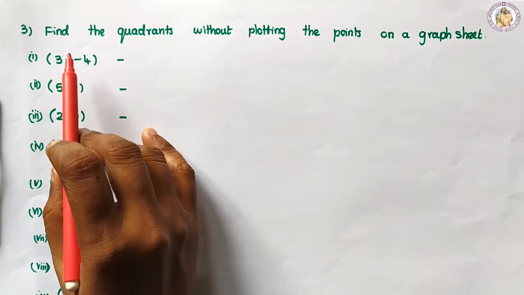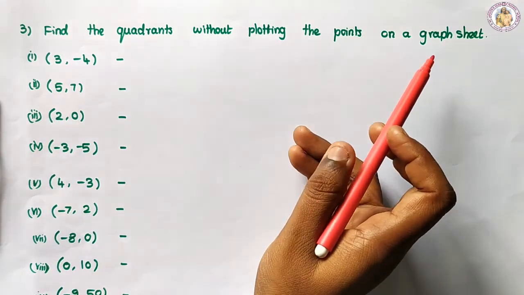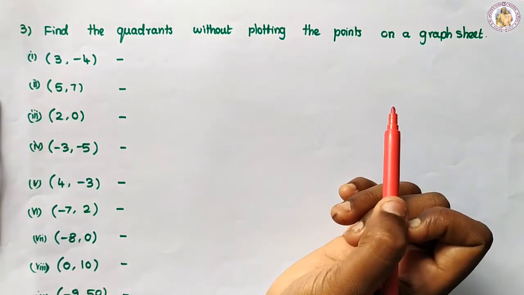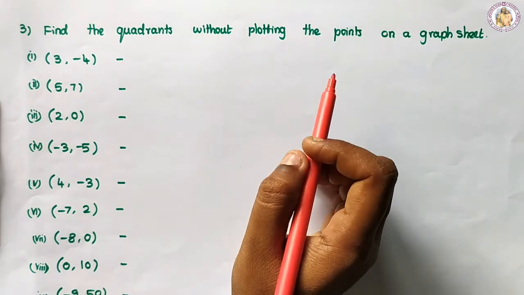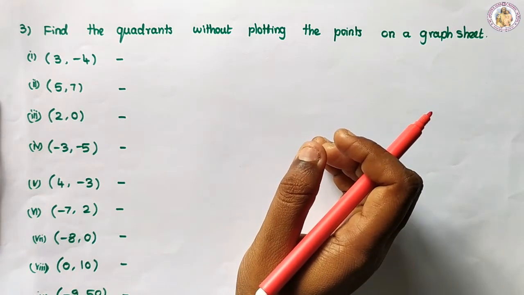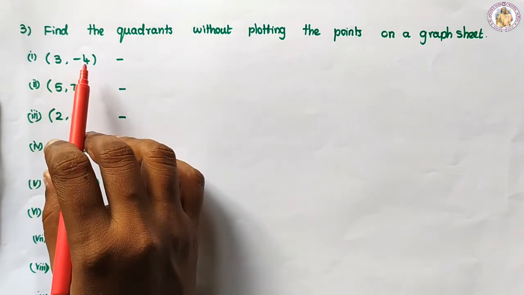Third question, find the quadrant without plotting the points on a graph sheet. So we have to remember the quadrants and their signs. Then you can find out which quadrant it is.